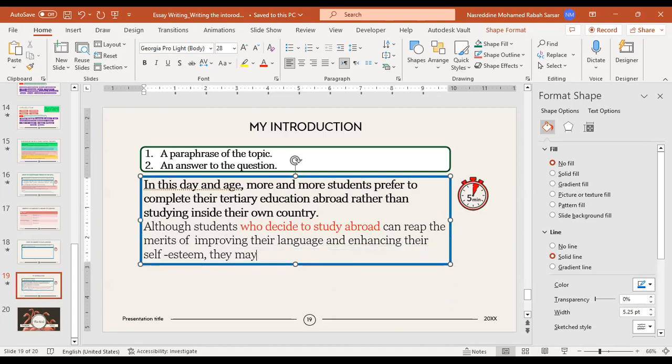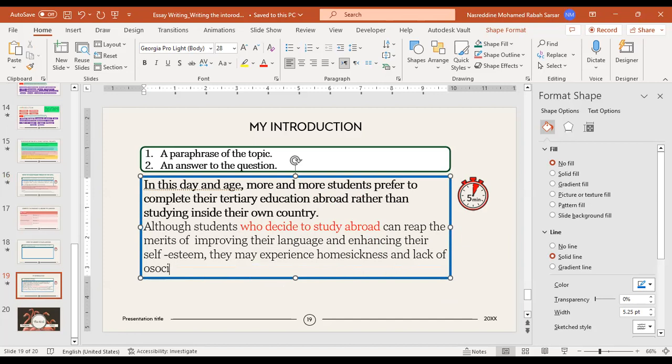For example, they may experience homesickness, missing the home country, and a lack of socialization. So they may experience homesickness and lack of socialization.